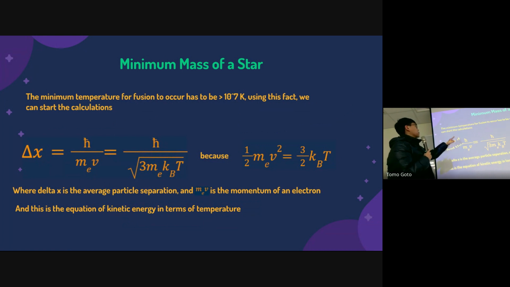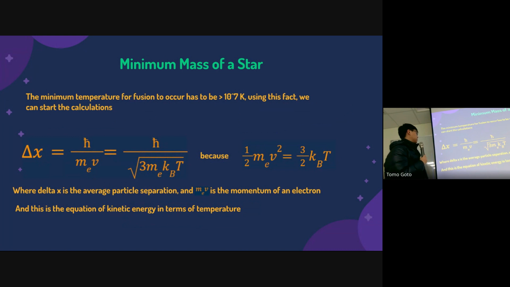Using this fact, we can start the calculation where delta x, from the Heisenberg uncertainty principle, says that we cannot know for sure the position of a particle, which is inversely proportional to the momentum of a particle. And because we can substitute the kinetic energy, which is half times mv squared, to the temperature, this becomes this.